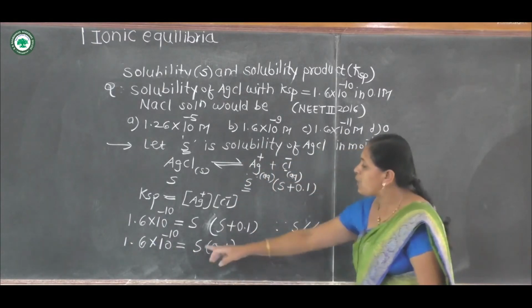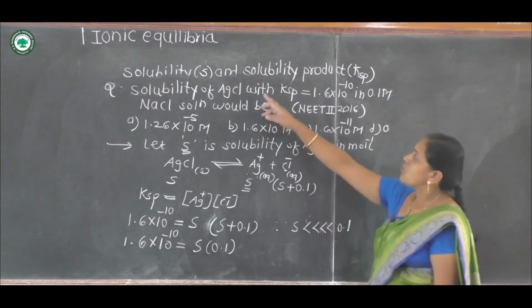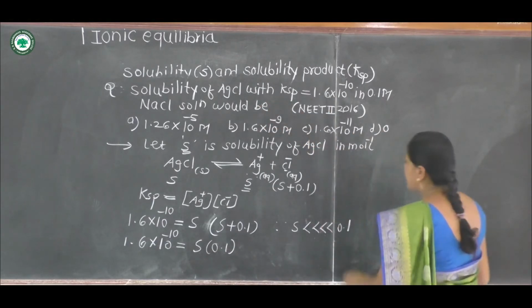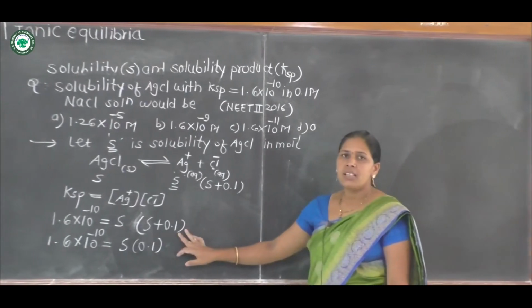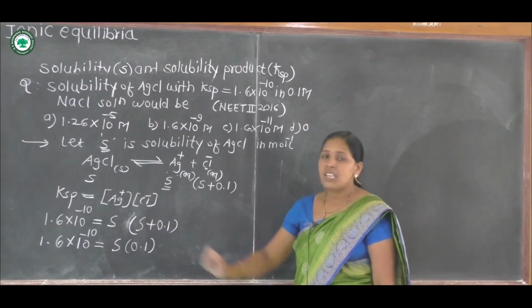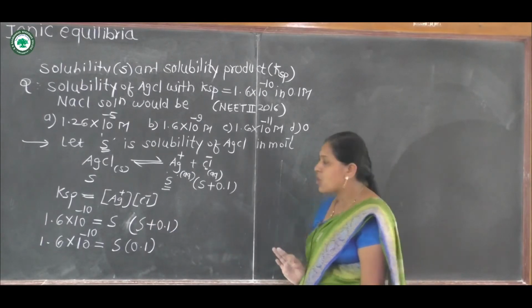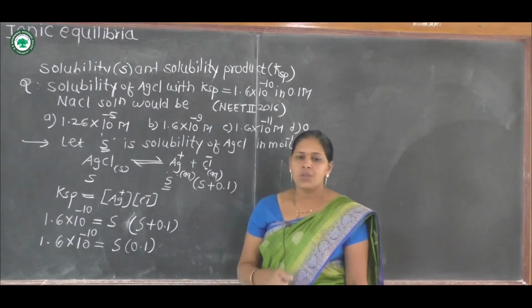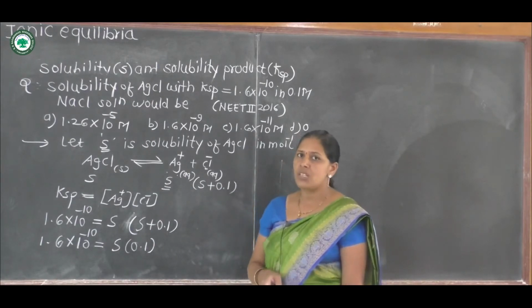Then what is the value of solubility? Solubility of AgCl, we have to calculate. The most important thing is why this S can be neglected: because NaCl is a salt and we know that a salt is completely dissociated into its ions in solution.